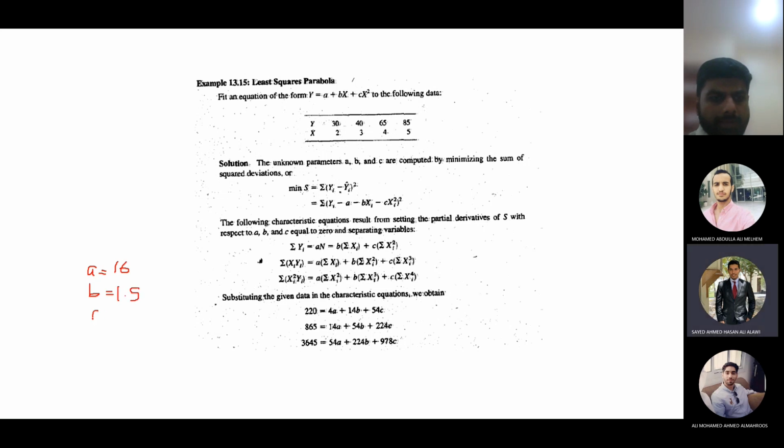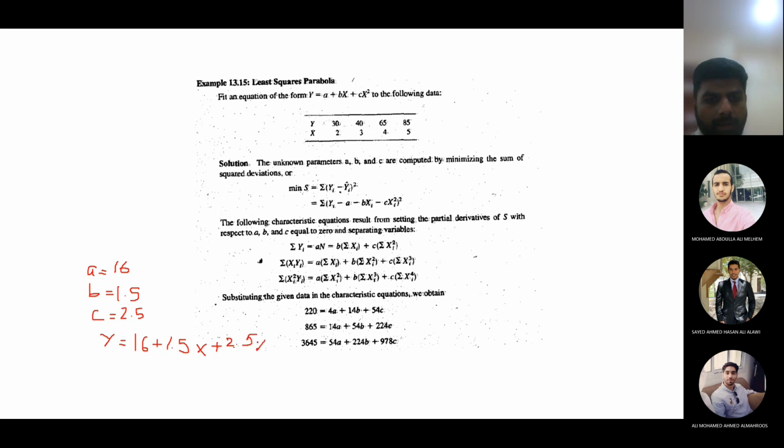C equals 2.5. Okay, so then the equation will be y equals 16 plus 1.5x plus 2.5x squared.